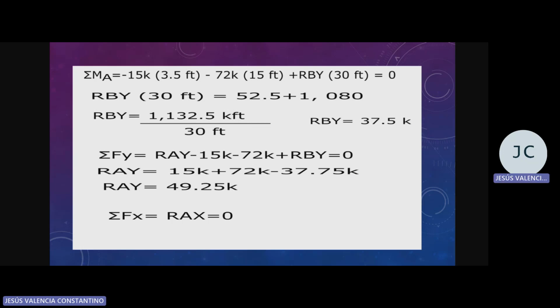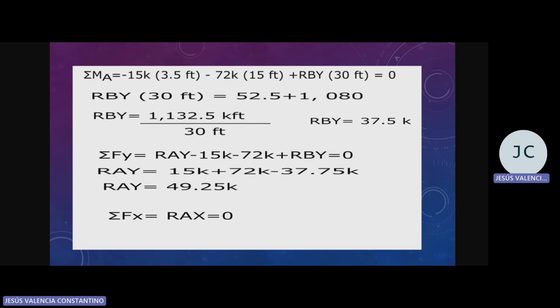The moment caused by the 15 kilos is negative and is multiplied by its perpendicular distance of 3.5 feet. The moment obtained from the centroid, which is 72 kilos, is also negative and is multiplied by 15 feet.